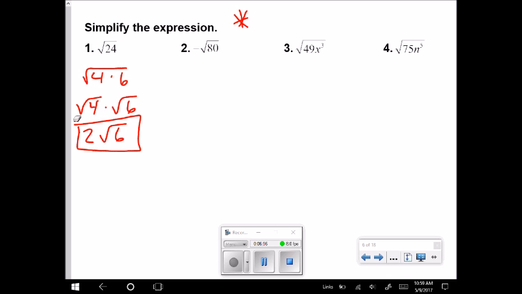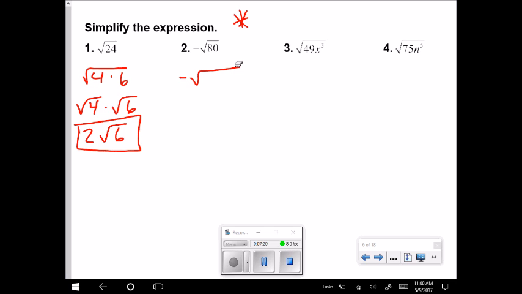Okay, number 2, we have a negative on the outside of the radical, which is okay. All that means is the opposite of the square root of 80. So that's fine. It just can't be inside the radical. So we'll just bring it along with us. So we need the greatest perfect square, and we're talking about 80. And sometimes, like I said, it's hard to think about.